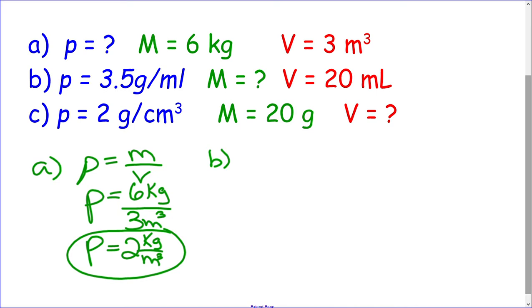Whenever we have these three variable equations, we can always set up a little triangle that helps us figure out what to solve for.